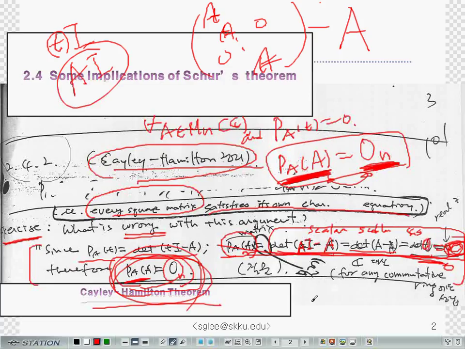We cannot say this matrix is the same as a 1 by 1 matrix, because this is an n by n matrix now. p_A(A) is an n by n matrix, not 0, not a scalar.